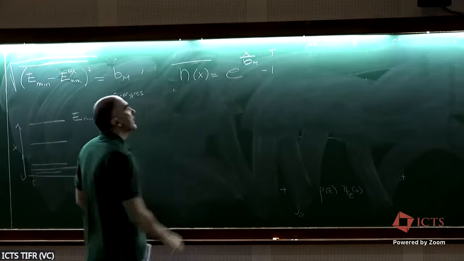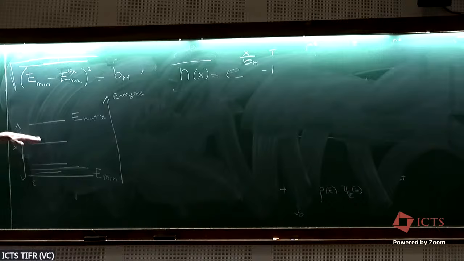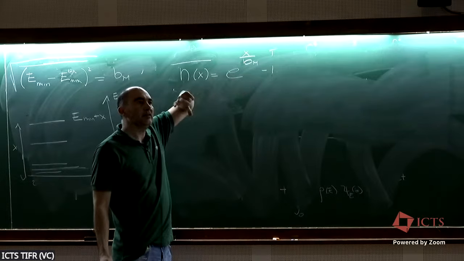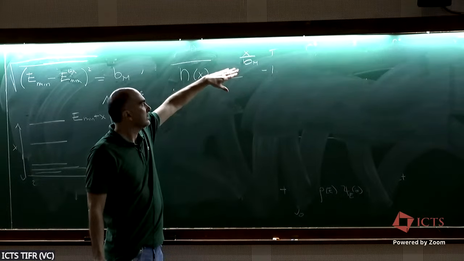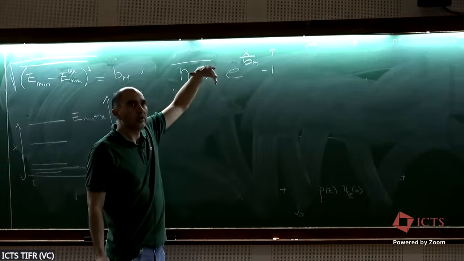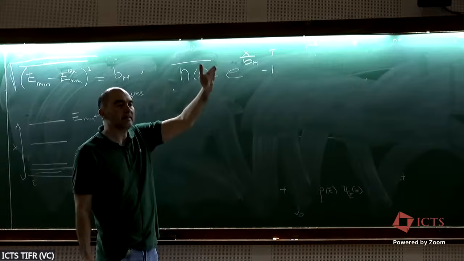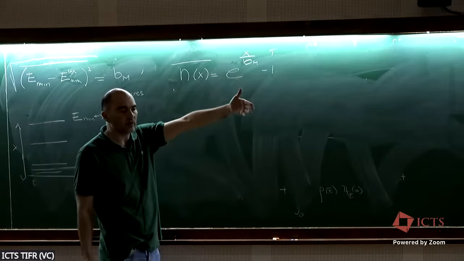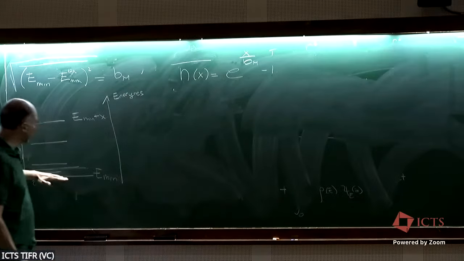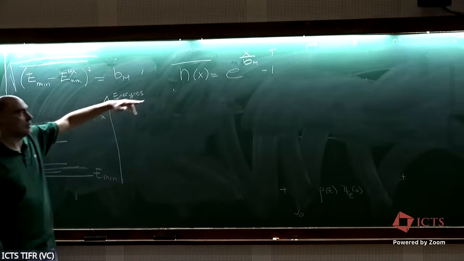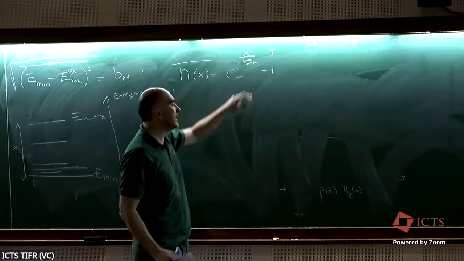This is the number of states above the ground state up to x. This number grows with x, but if you fluctuate a lot, this number decreases. So B_M gives you also this. The bigger the fluctuation, the fewer states you have in the RAM close to the minima.